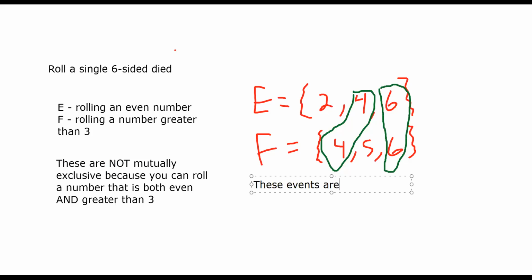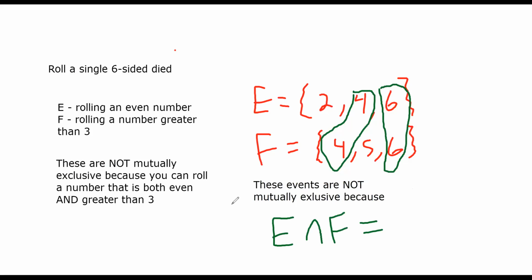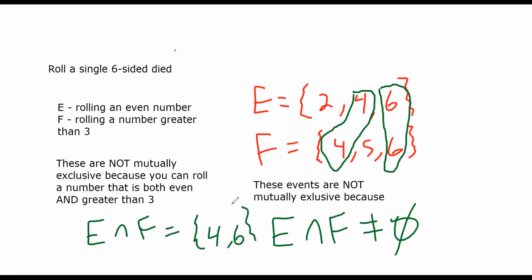These events are not mutually exclusive because if I intersect them, I don't get the empty set. In other words, their intersection has something in it. Specifically, E intersect F is the set {4, 6}, which is not empty.